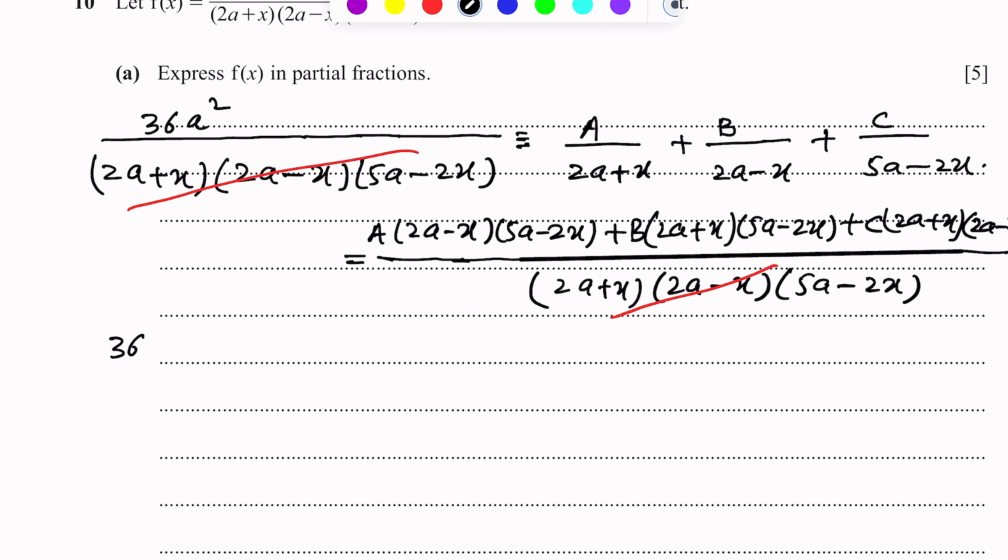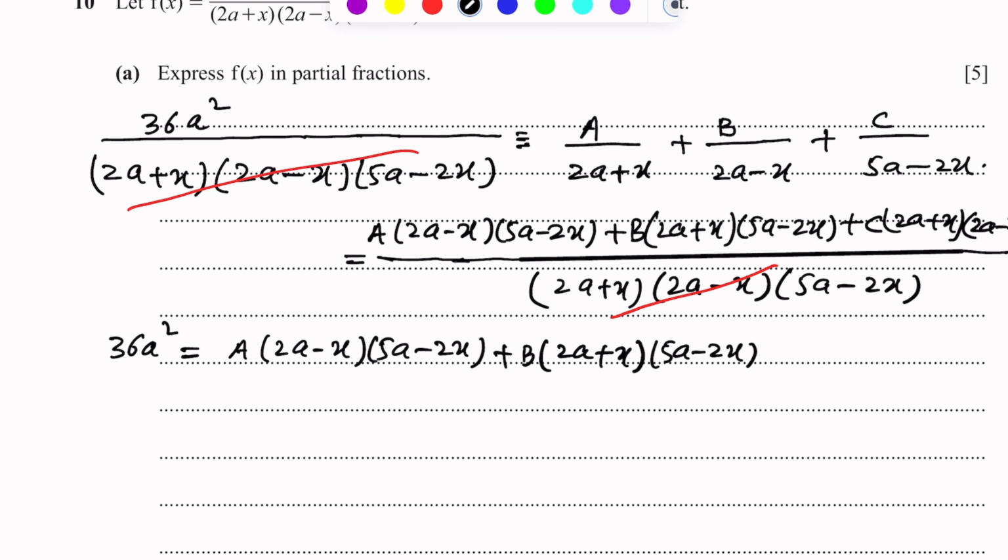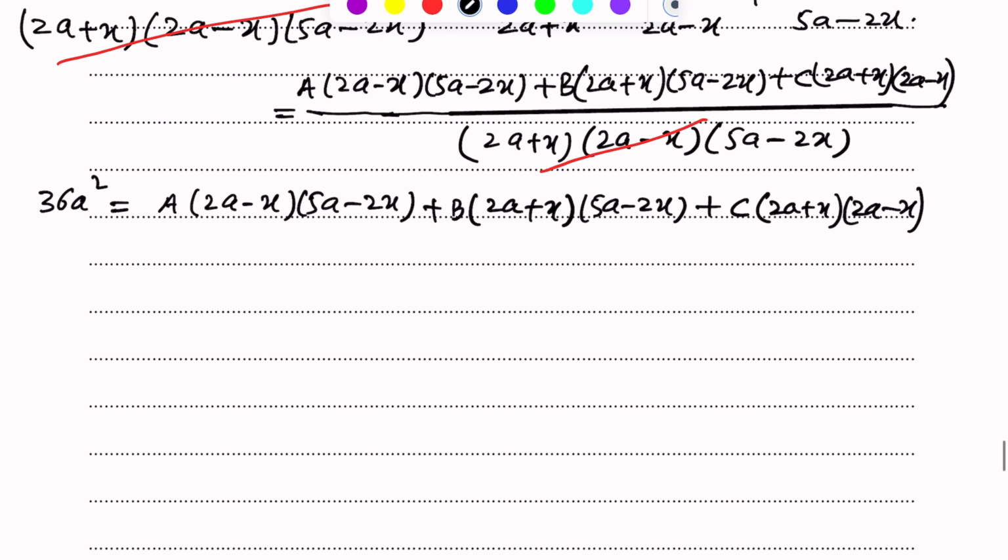We get 36a² is equal to A into (2a minus x)(5a minus 2x) plus B into (2a plus x)(5a minus 2x) plus C into (2a plus x)(2a minus x). Now we will find the values of constants A, B and C.